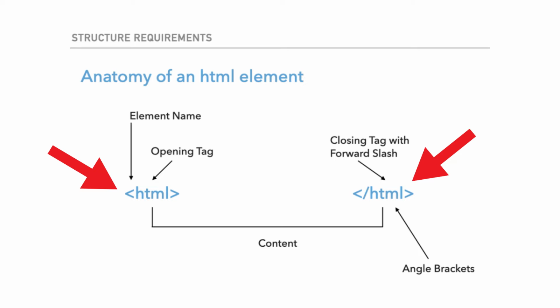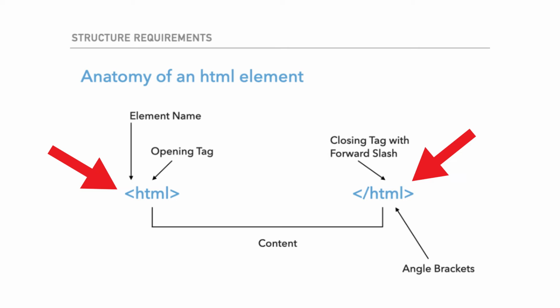So just to clarify, an HTML element is comprised of an opening tag and a closing tag and any attributes, which we'll talk about in a later video, on the element. So when we talk about an element, we're talking about an opening tag and a closing tag. When we talk about HTML tags, we're talking specifically about an open tag or a closing tag. But the element refers to both the opening and the closing tag.